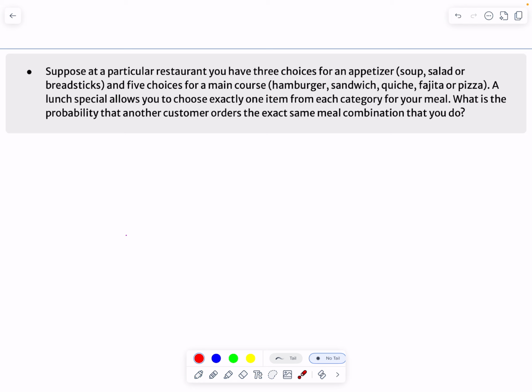So let's start first of all thinking about probability, and we want to find the probability basically that two customers, you and someone else, select the exact same order, which means that you're going to select the same appetizer and the same entree, or main course, I guess is what we're calling it here.